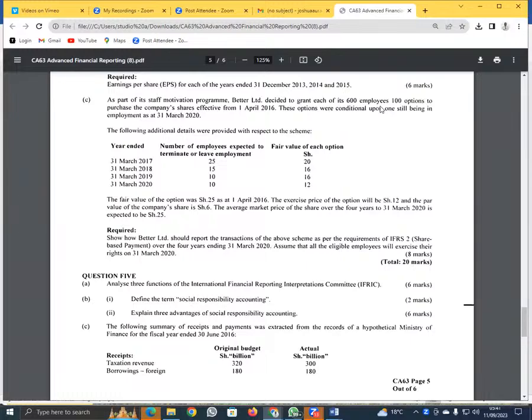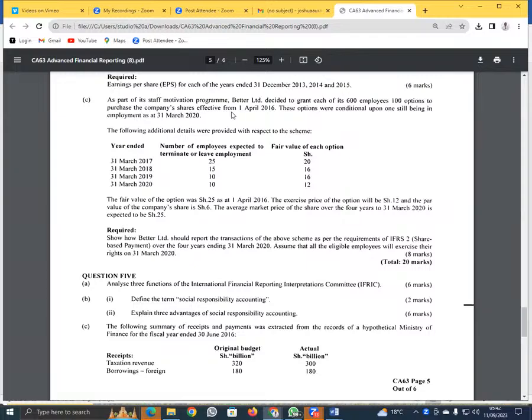So we are giving them options, what we call equity instruments. And if that is the case, for purpose of obligation valuation, I'll only look for the fair value as at the date when I was granting them these options. And you can see they were granted on 1st April 2016. This is the grant date.